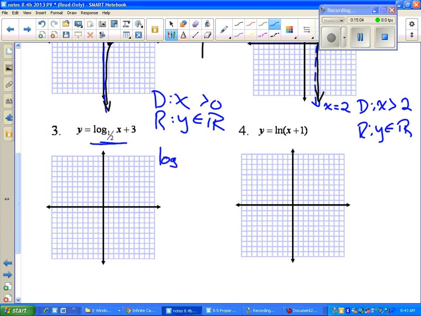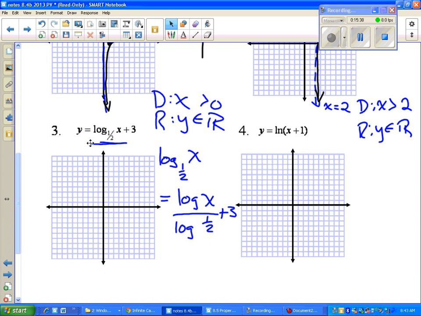If I have log base 1/2 of x, to make that into any base, it's going to be log, I'm going to assume base 10, of what? X, my argument, divided by log base 10 of my base. This is what I need to type into the calculator, plus 3.